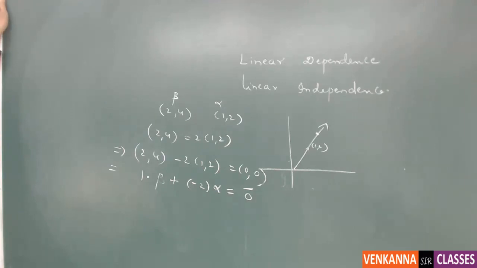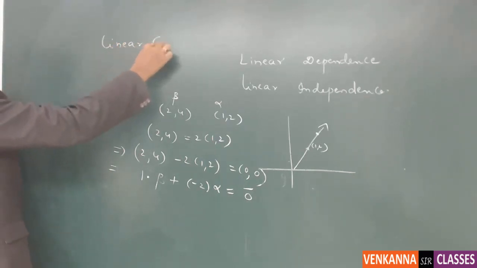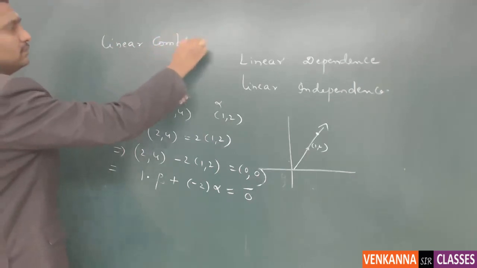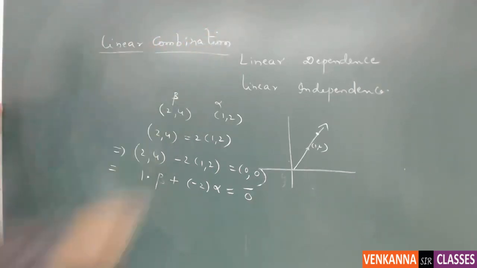So in the previous class I have given a definition that linear combination, what is meant by linear combination? The sum of the products, we are calling it as a linear combination.